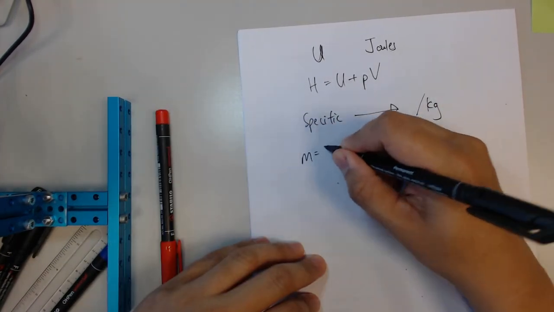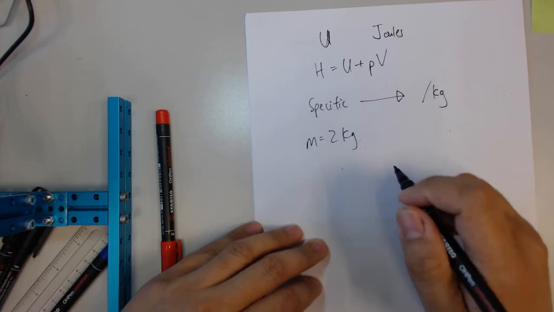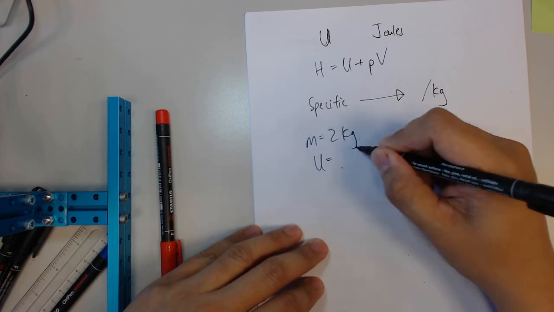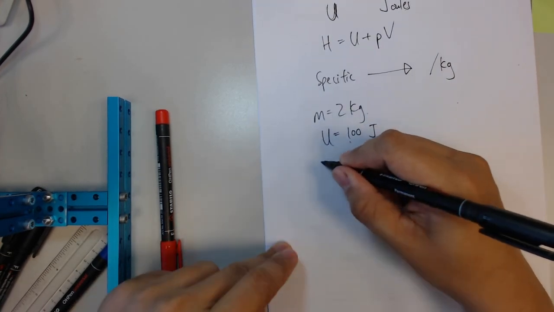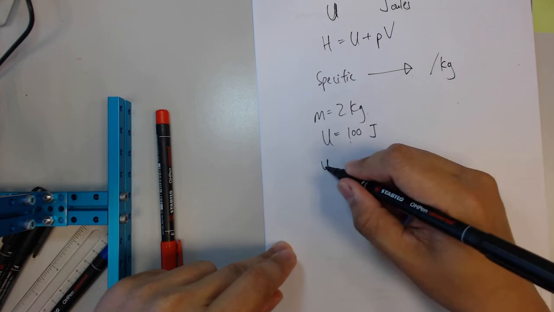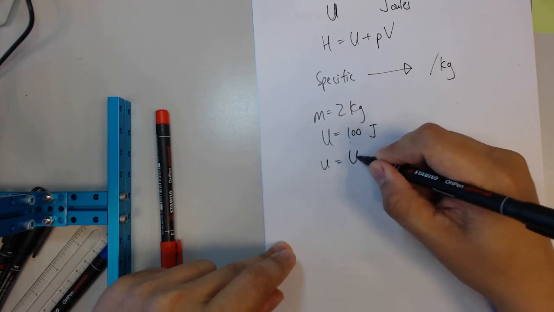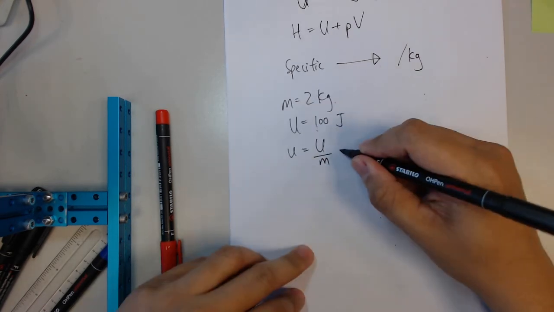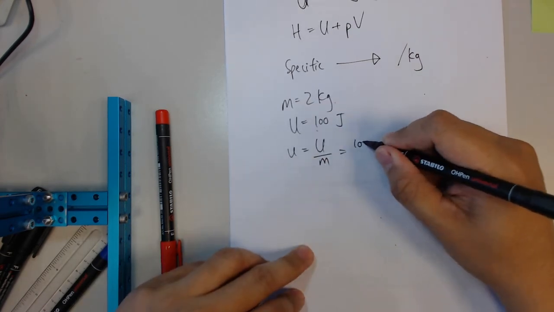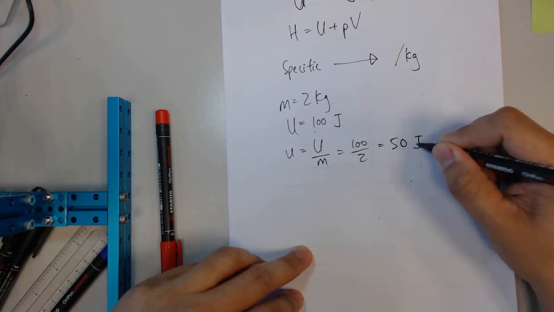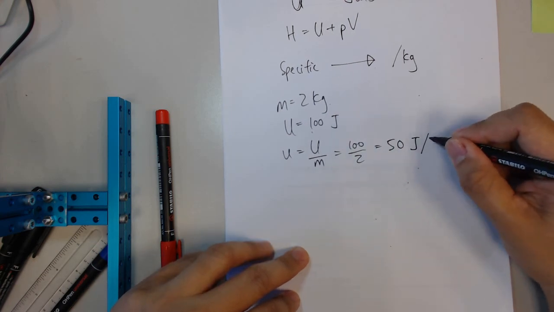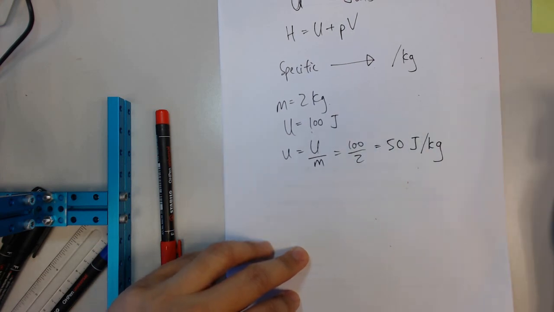So mass is 2 kilograms, right? If internal energy U is 100 joules, then my specific internal energy, represented by small letter u, is U divided by mass. That will be 100 divided by 2, which is 50. The unit will not be joules, but joules per kilogram.